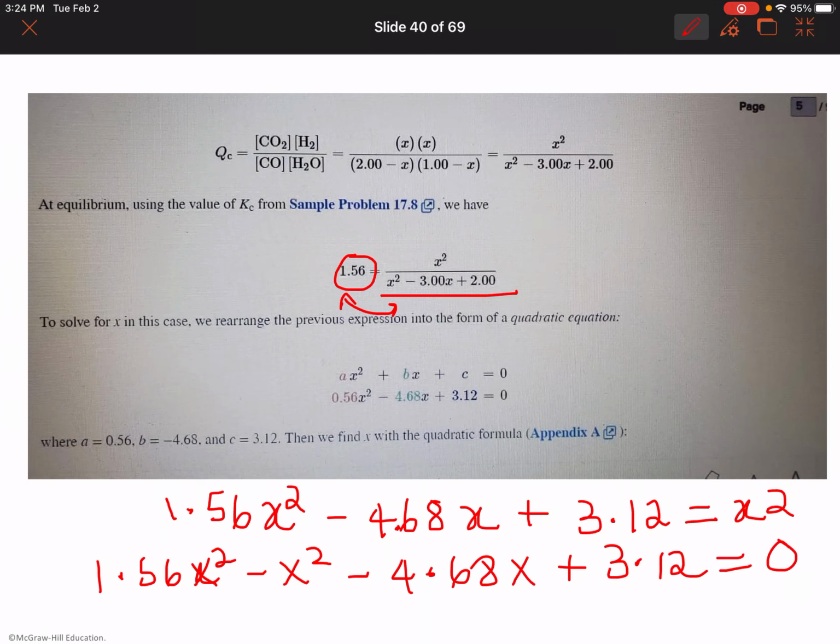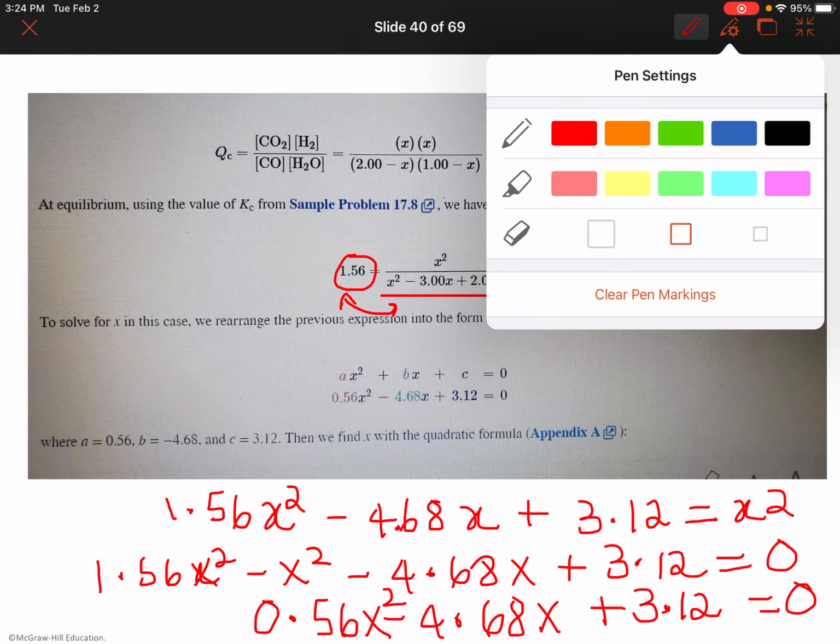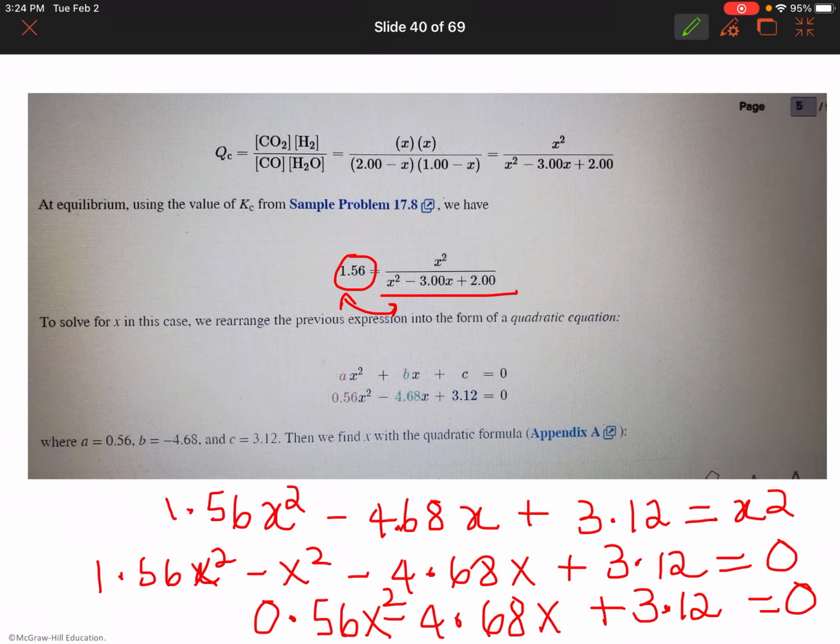So 1.56 x squared minus x squared will make it 0.56 x squared minus 4.68x plus 3.12 equals 0. Now it is similar to the quadratic equation.